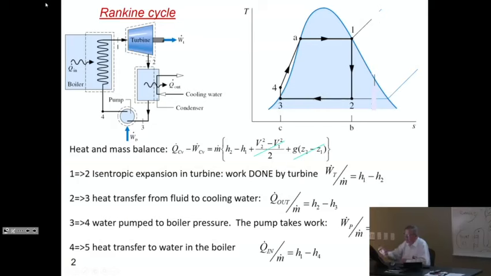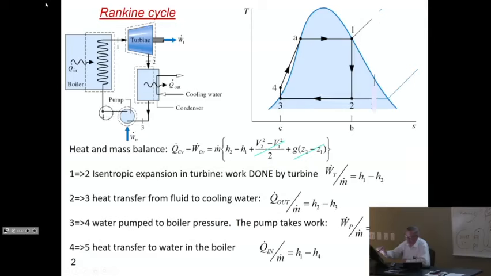The third step: the pressure here is the same as the pressure there, but you see this other thing, the boiler or the steam generator, is also a heat exchanger. So again, by hypothesis, no pressure drop between these two. Because we know this is a high pressure side and this is a low pressure side, just as this. So we have to have a pump to get that water back to the pressure of the high pressure side.